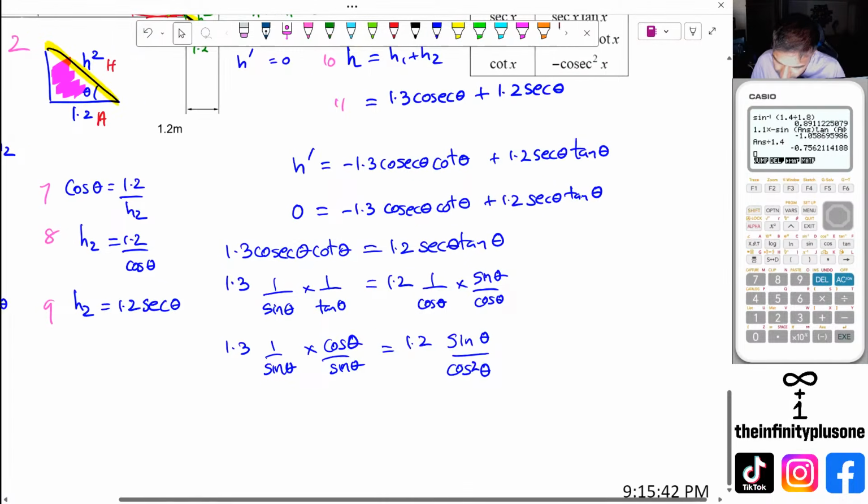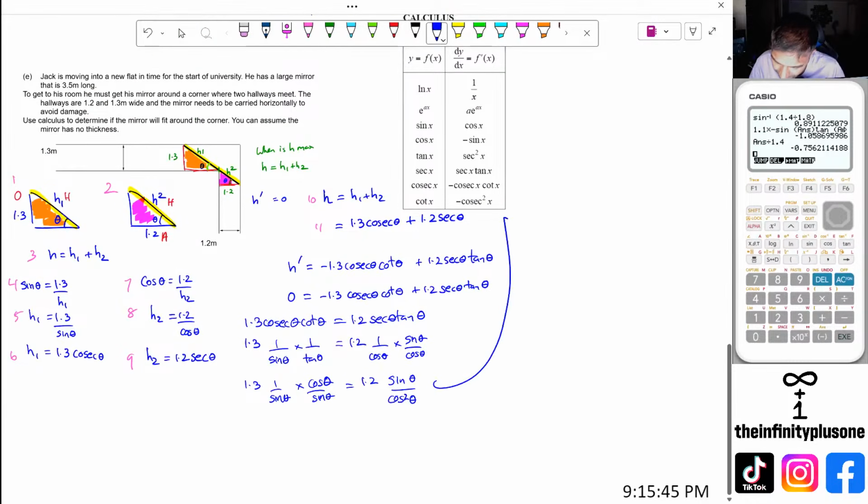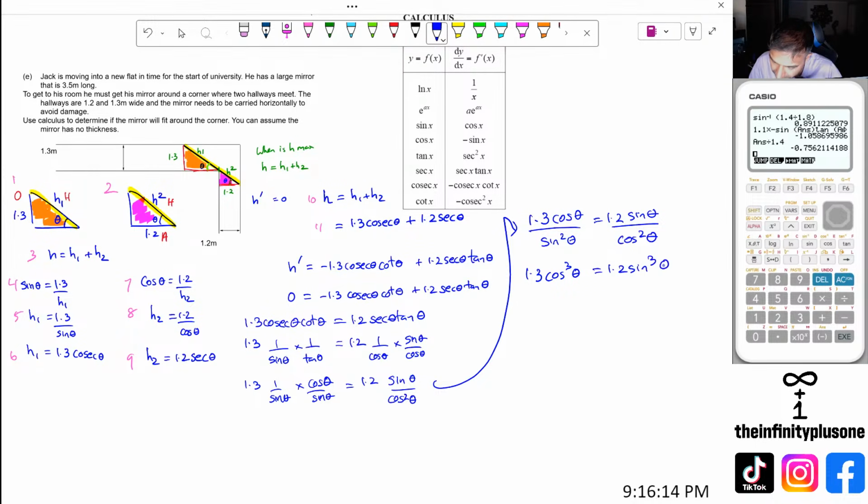Then I've got 1.3 cos theta over sine squared theta equals 1.2 sine theta over cos squared theta. Cross multiply, and I'm going to get 1.3 cos cubed theta equals 1.2 sine cubed theta.